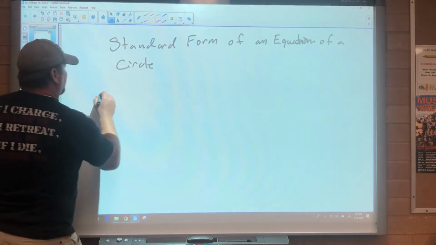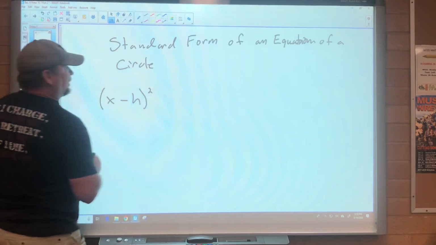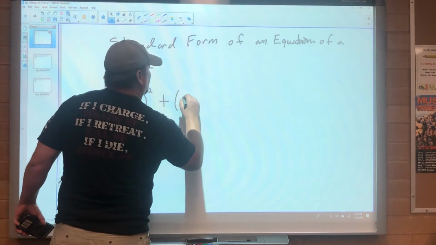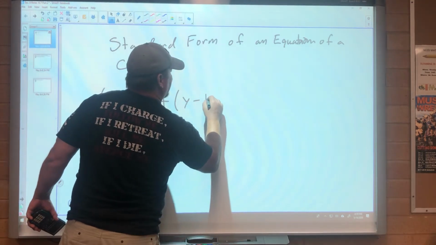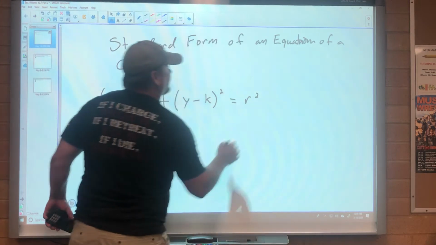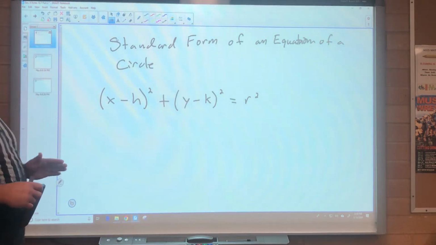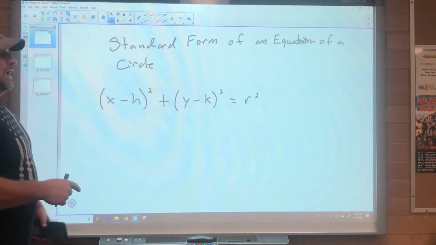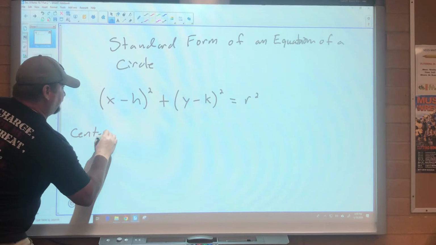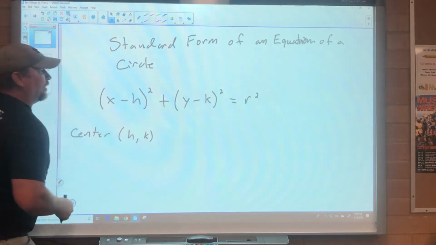Okay, so the first part is x minus h squared, big plus sign, that plus sign is always there, and then y minus k squared equals r squared. Now, if you remember this, the reason we say h and k are the center. The center is h, k.